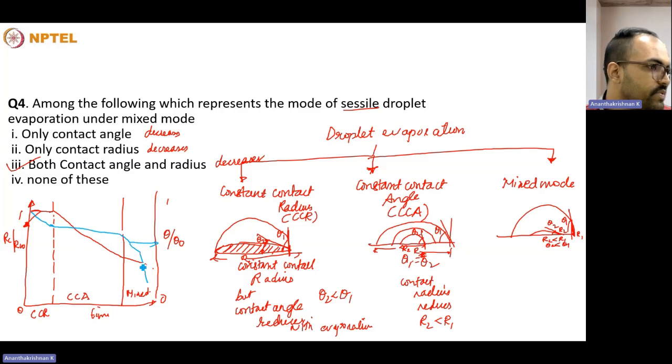Then the mixed phase comes where both of them decrease. In our case, this is the region where we operate, where the mixed mode operation happens much later in time.